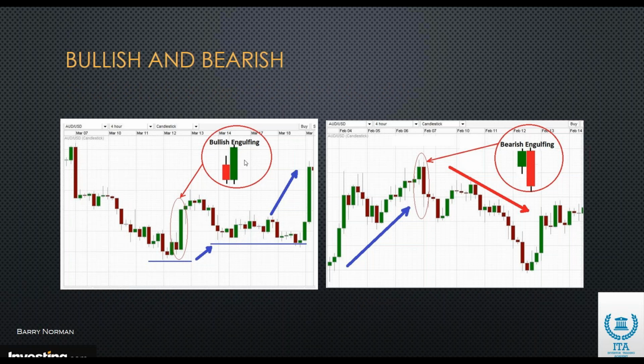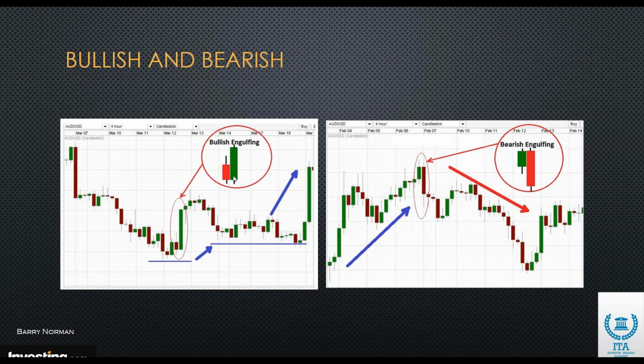Now, bullish engulfing and bearish engulfing are important signals because they tell you where the markets are about to begin or about to change. Now, a bullish engulfing is almost similar to a Harami in reverse. When the body of the next candlestick fully covers the entire body of the previous candlestick and is in the opposite color, it is a bullish engulfing when it's part of a downtrend.